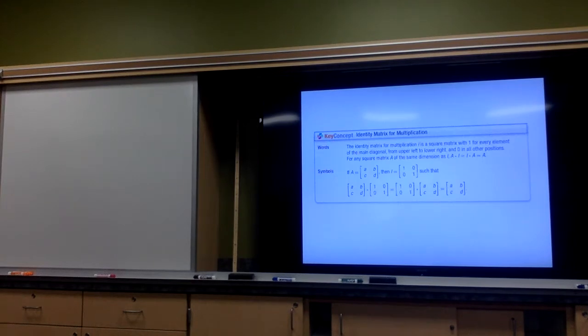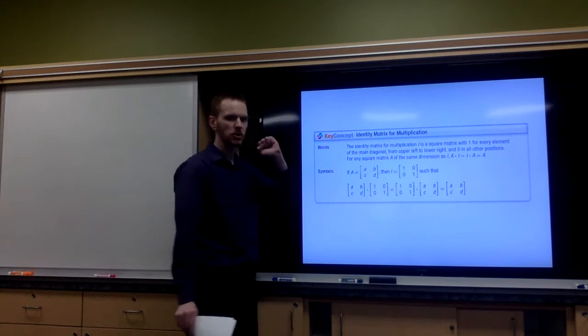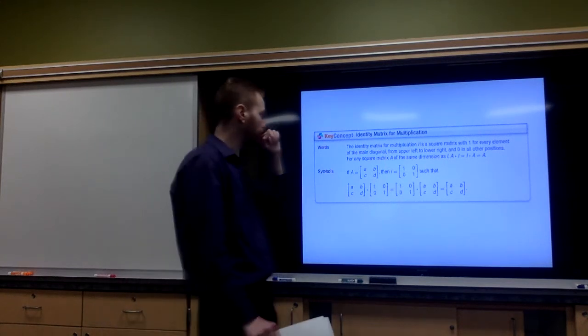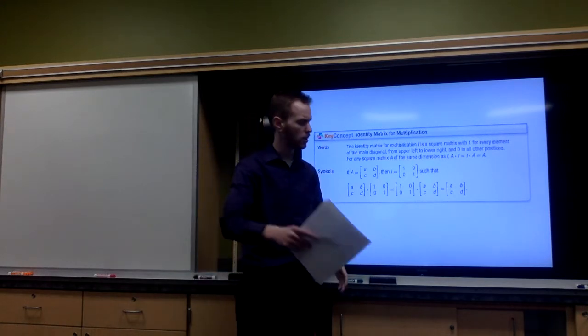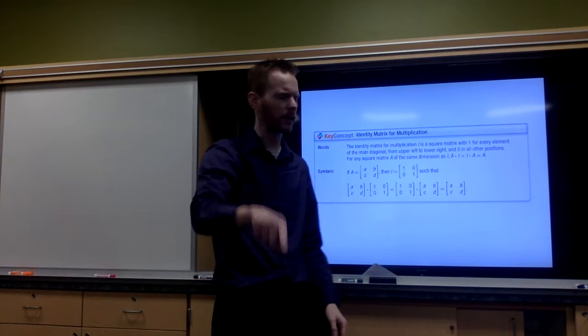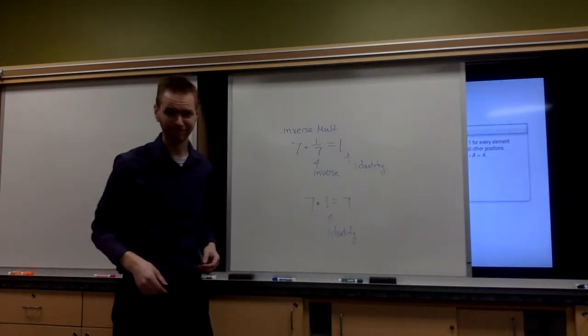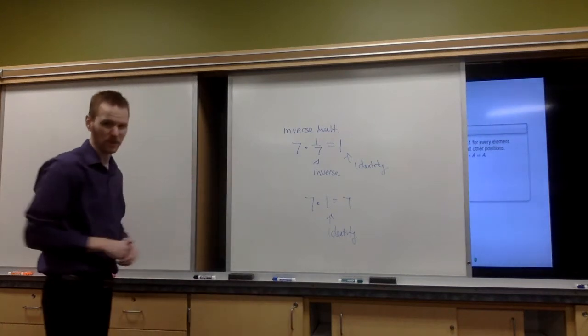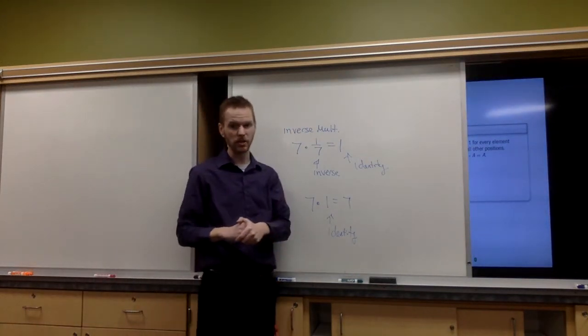All right, our first little definition slide here. Okay, the identity matrix for multiplication. So if you remember, and you better not have forgot. I'll be so upset if you forgot about this. Our first lesson in school, we talked about inverses a little bit, and let's look specifically at inverse multiplication.